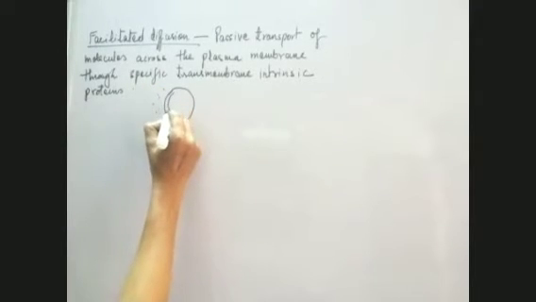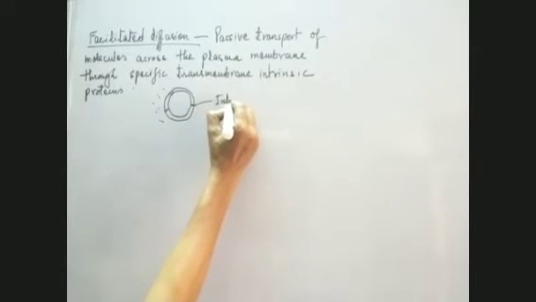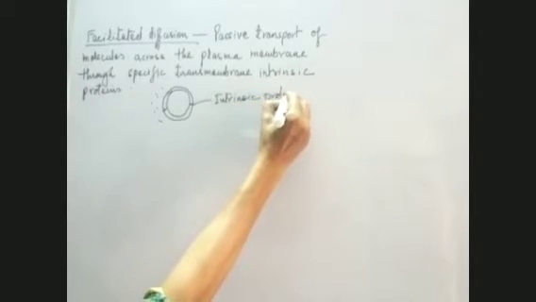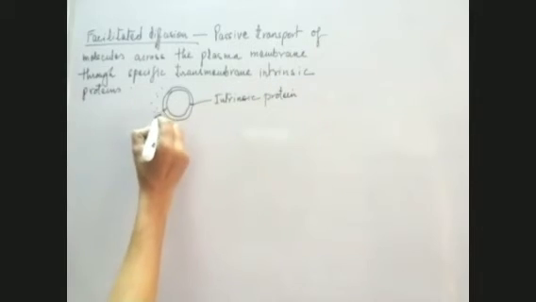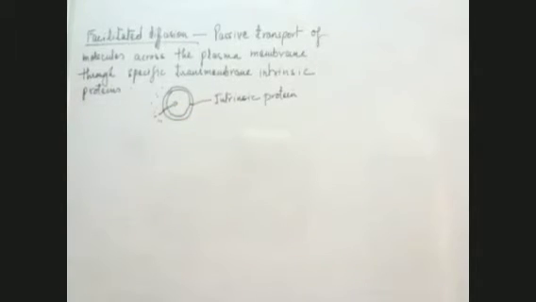This plasma membrane has specific proteins here and there. These are known as integral proteins or intrinsic proteins. They help these substances to move inside the cell. So this diffusion is facilitated by intrinsic proteins, made easy by the intrinsic proteins.